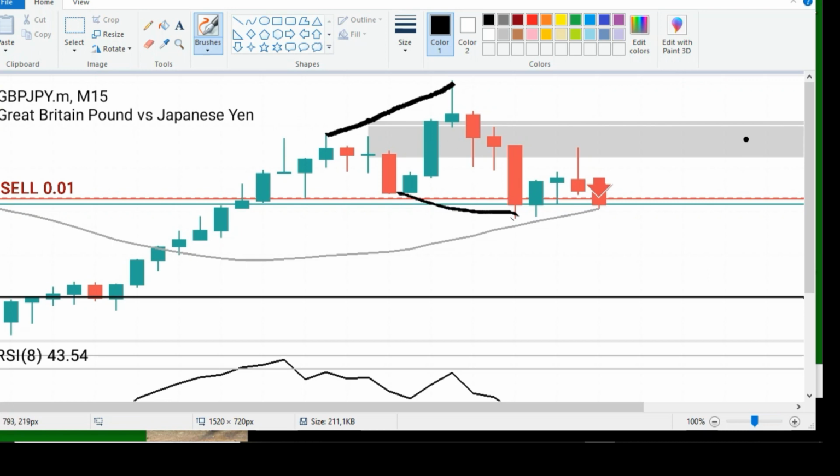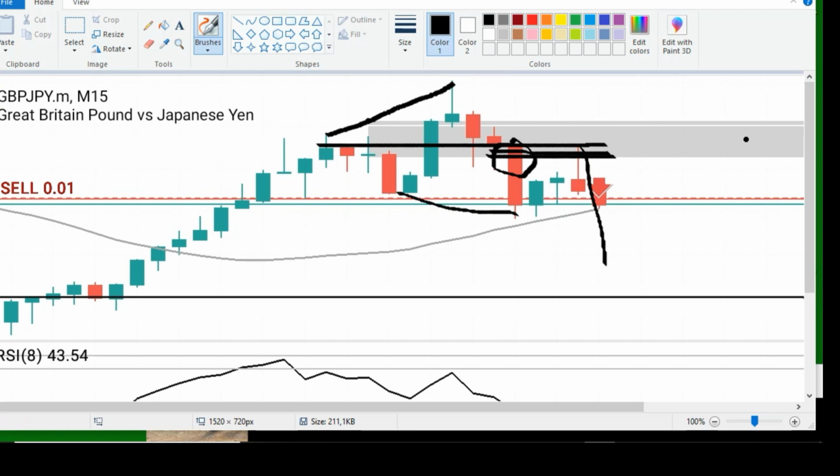So now what I'm going to do is go within the 50% area, which is around here, maybe here. Then I'm gonna look for supply and demand around here. I'm looking for support and resistance. And once I find all of these confluences, I'm going to get in and run with the money.